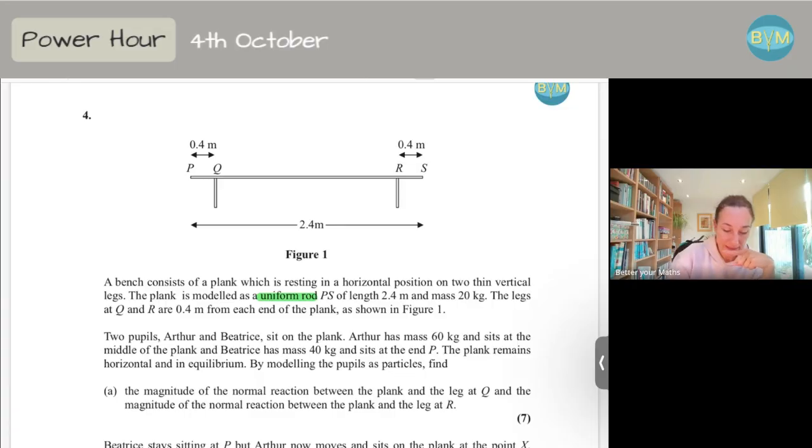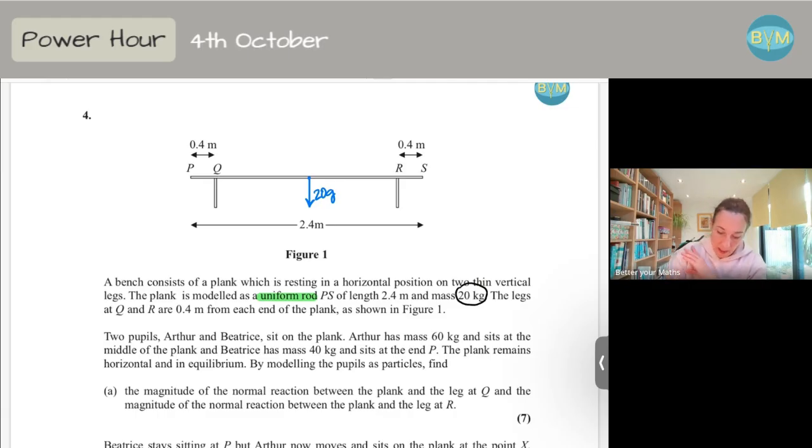Can you type in the chat? So if the mass is 20 kilograms, what is the weight? Because remember, I'm representing the forces. Exactly. So I'm going to draw at the midpoint 20G. If they give me the newtons, please don't write the G. The G is just to make it from the mass to the weight.